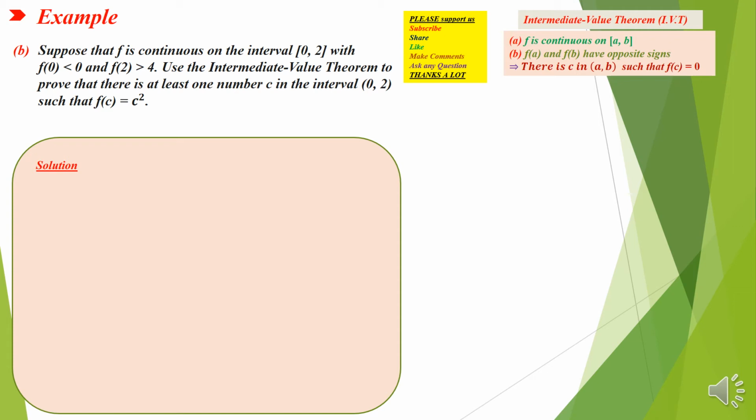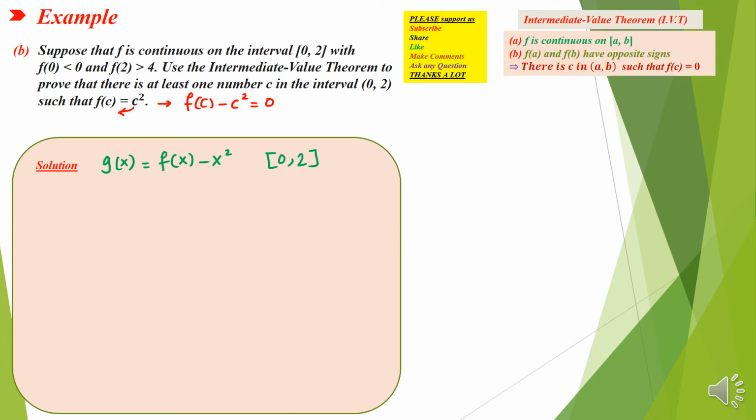Now, as in part A, you have to create a function from what you want to prove. So if you move c squared to the left hand side, you will get f of c minus c squared equal to 0. So the function is g of x equals f of x minus x squared, and the interval is given, and it's from 0 to 2.